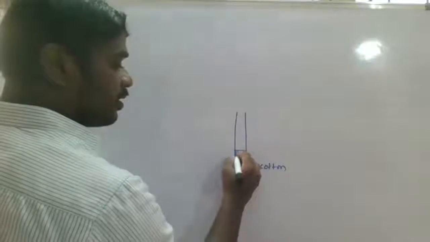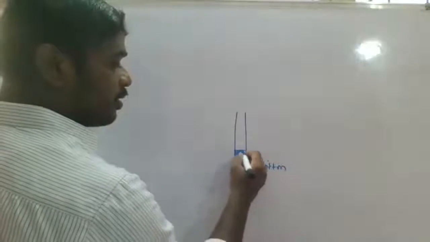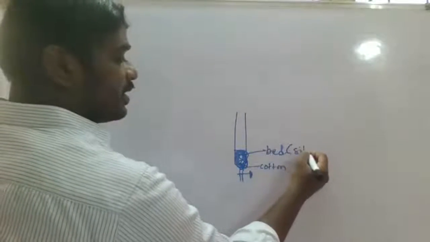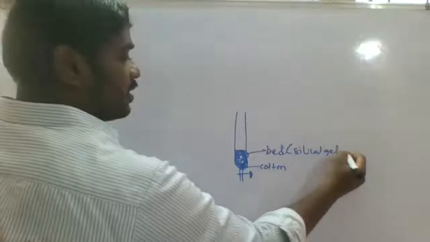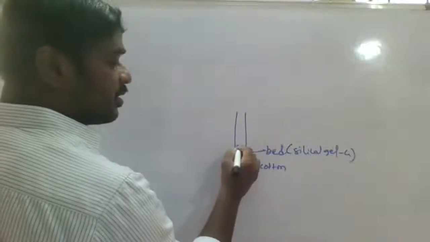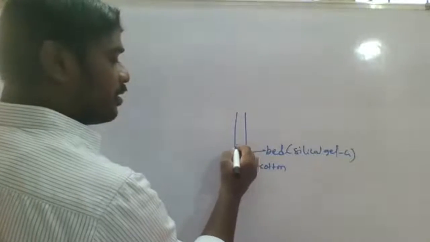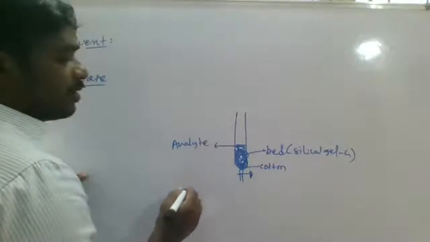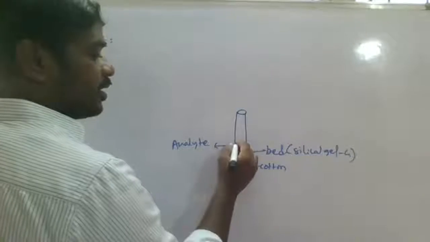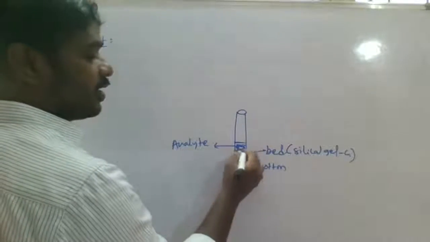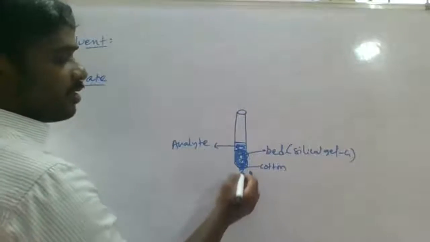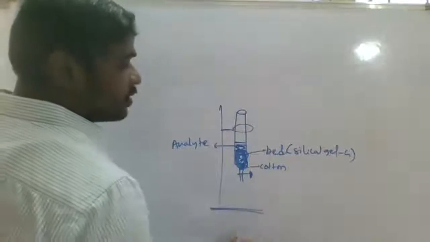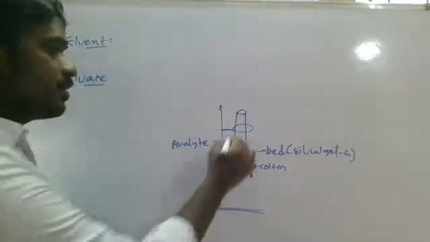This is the analyte, and this is only analyte. Here the silica gel bed is held by cotton. This is attached and fixed to the stand. So this is a column.